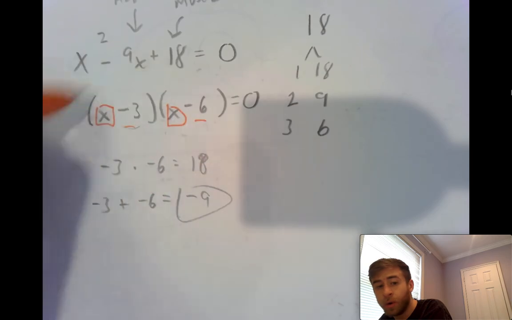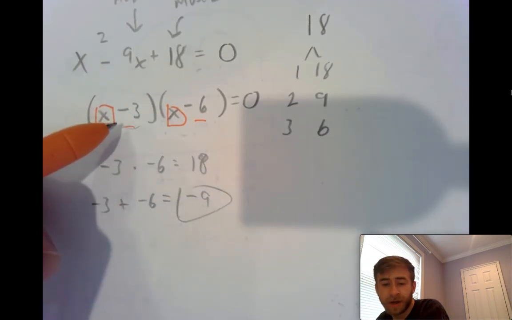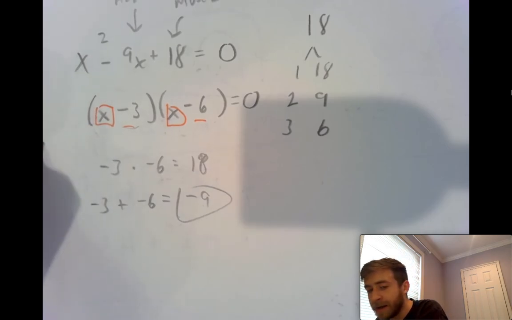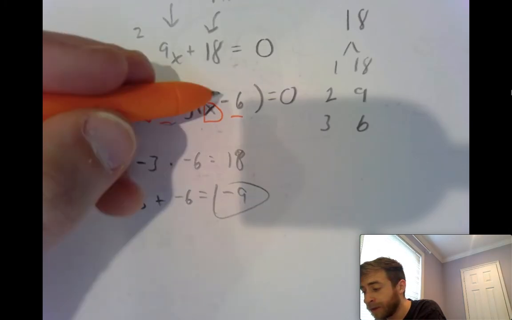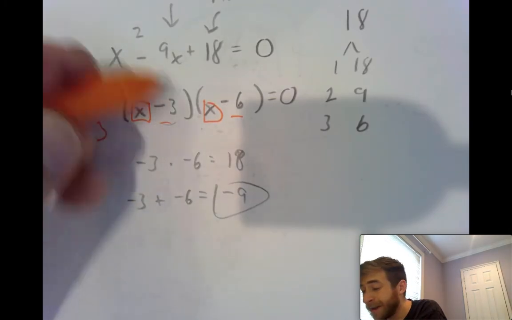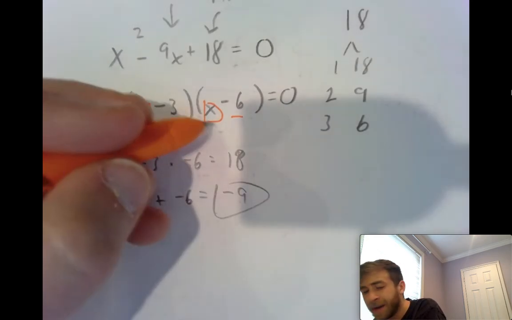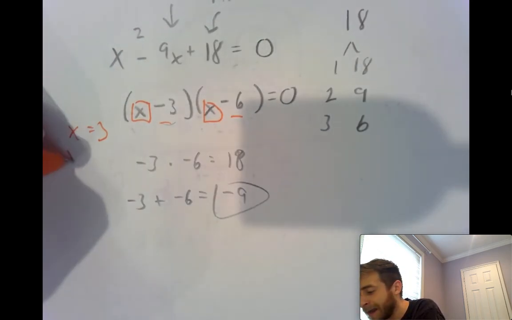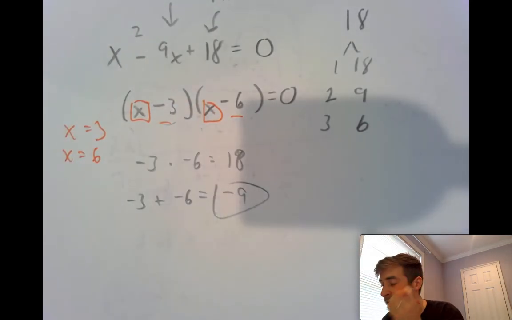And if I want the whole left side to equal 0, I have to make one of these terms equal 0, right? So if I put x equals 3 in, and I plug that in here, 3 minus 3 will make 0. That'll make the whole left side 0. And then the other side would be, well, if I made x equals 6, 6 minus 6 equals 0. And so that's kind of just the idea of getting the solution again, right?